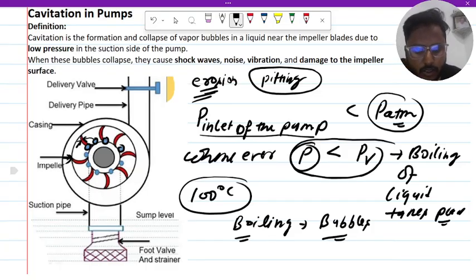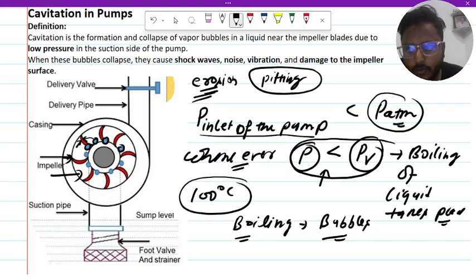And what is the location of this cavitation? The location which is very likely to be eroded is the inlet of the pump, because the lower pressure can happen at the inlet.